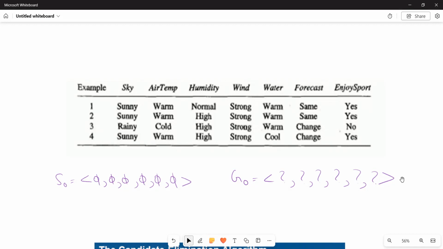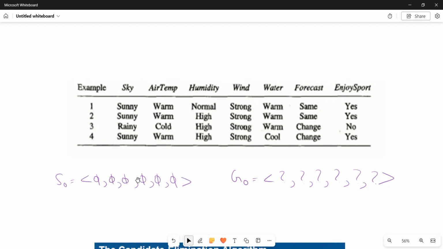If it is consistent, no change is required. If it is inconsistent, we will have to remove the boundary from the hypothesis. Then you go to the specific hypothesis and again check if it is consistent or inconsistent.